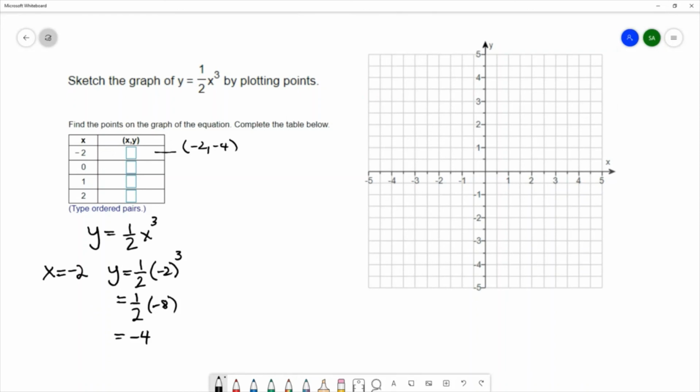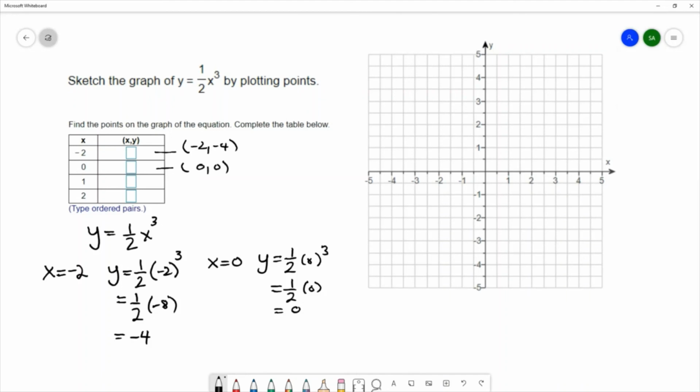We'll repeat this process with an x of 0. If we substitute that in, we would have 1/2 times 0 cubed. 0 cubed is 0, and half of 0 is 0. So in this blank, we would have the ordered pair 0, 0.